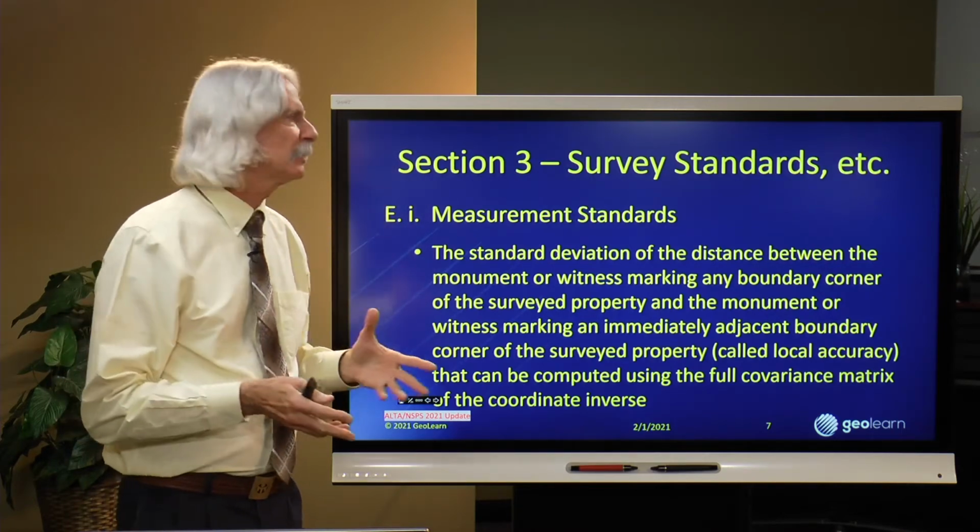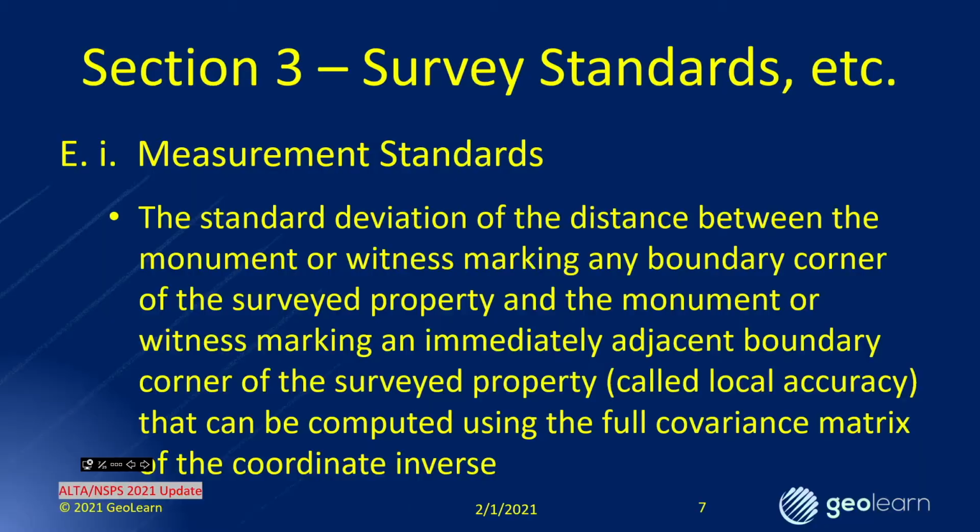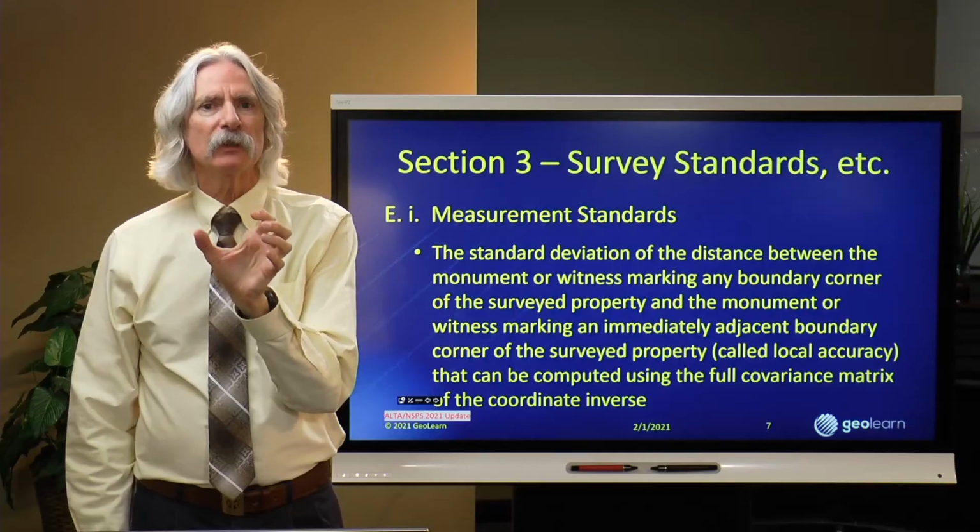And what we've done is we've said we're only talking about that relationship. It's not relative to some datum or some bigger thing, right? And that's where the term local accuracy comes in. This is a relatively new term in the geodetic world, but it frames this a little bit better.